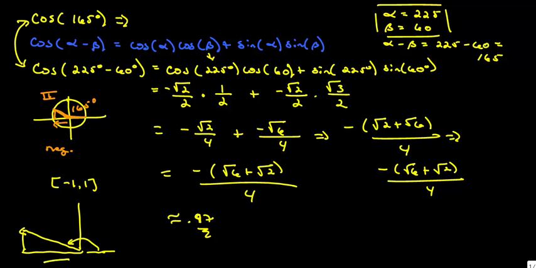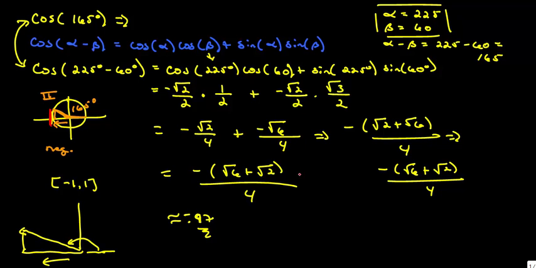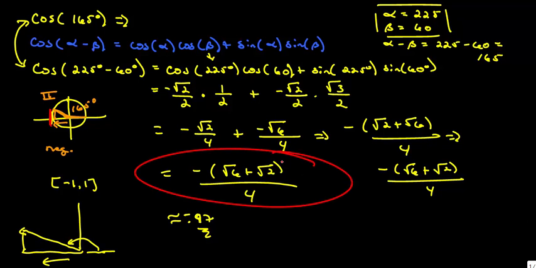So its left movement should be very, very close to negative 1, because we're almost over to this part of the unit circle. So let's just recap. What am I looking for as a solution? This right here is the exact value of the cosine at 165 degrees.